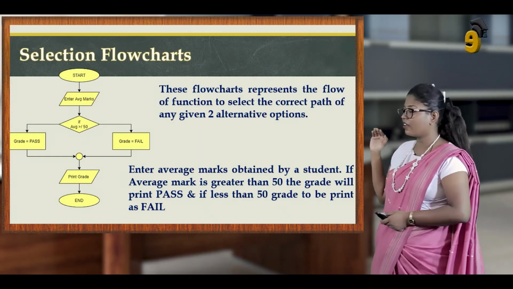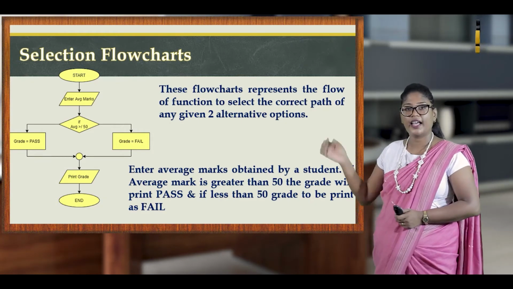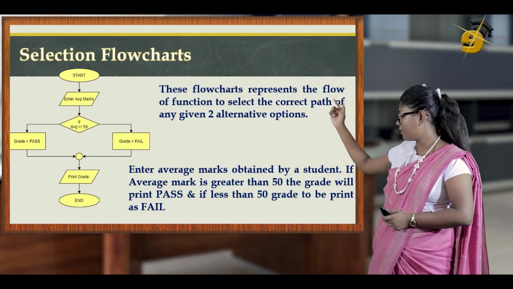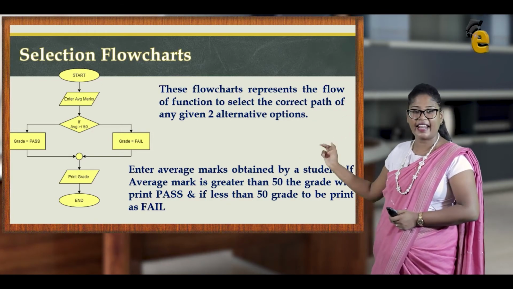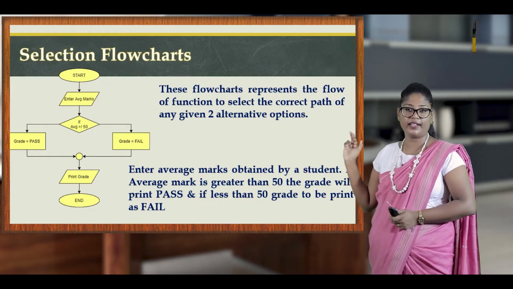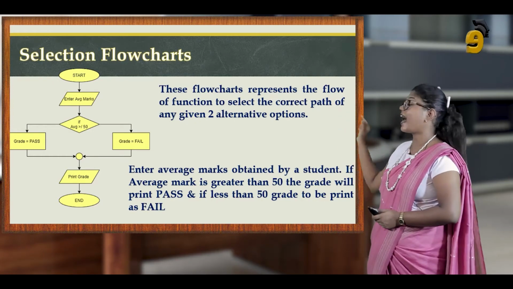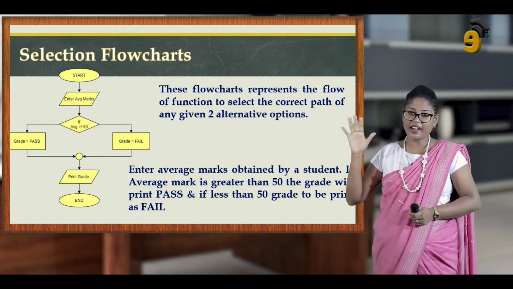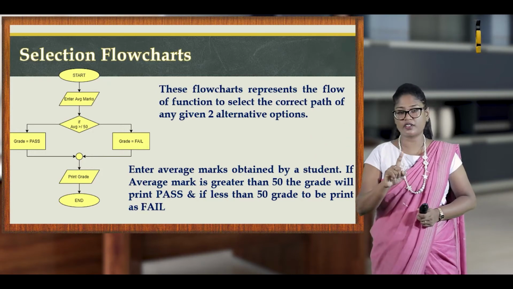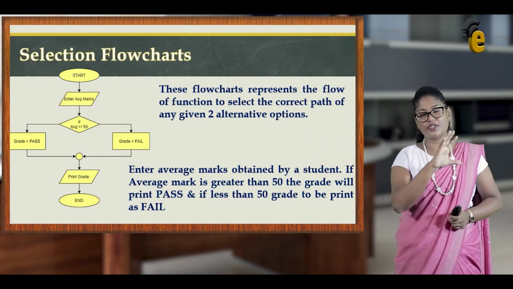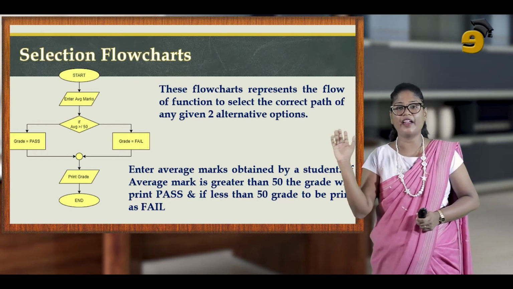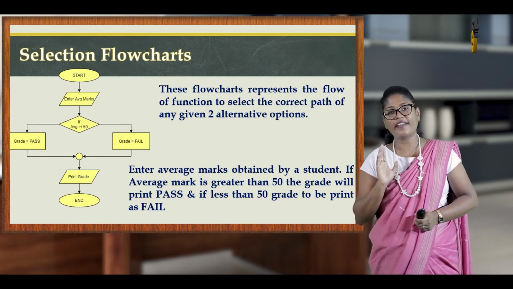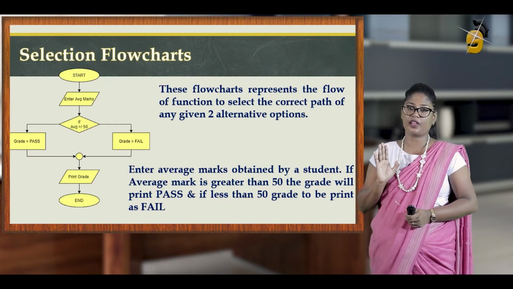If we focus on this problem and draw the selection flowchart for it, start, which means start and end always have the same symbolic representation. Enter average marks. Why enter average marks? If there are 9 subjects per student, the marks of all 9 subjects will be added together and divided by 9. That is called the average of the student.